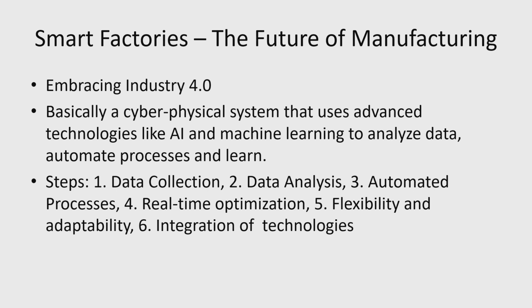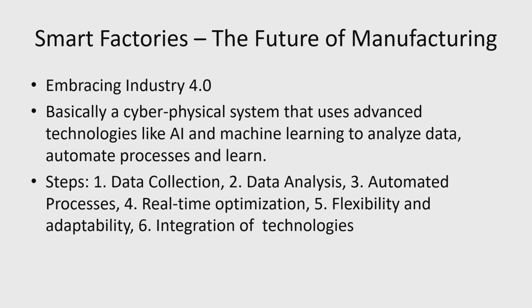That means a lot of data is used in that factory for the automation of the process, for the improvement of the process. These can be the steps in a smart factory.